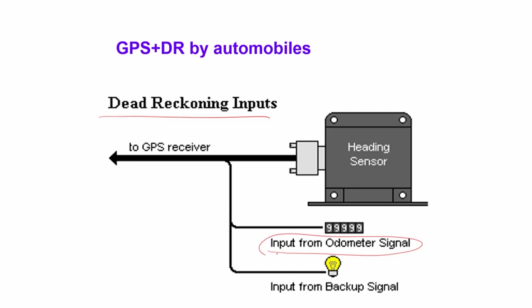Odometer simply measures the number of rotations of the wheel. So, it takes input from the odometer, and also it takes the input from the backup signal of that particular place. These two things together give the automobile an idea of how far away it has gone from a known position.